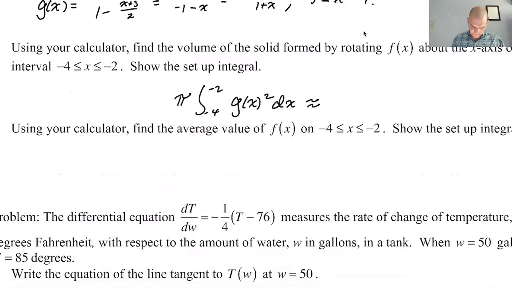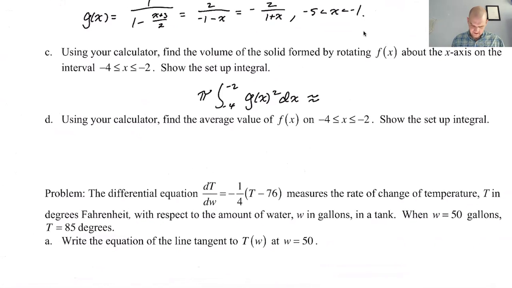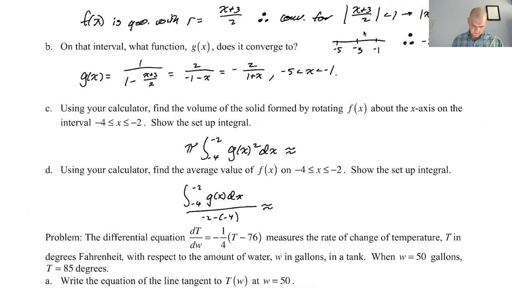Then, using your calculator, find the average value of f of x on that interval. That's going to be the integral from -4 to -2 of f of x, which is the same as g of x on the interval, over -2 minus -4. So the integral over the interval, and we will get a value for that.